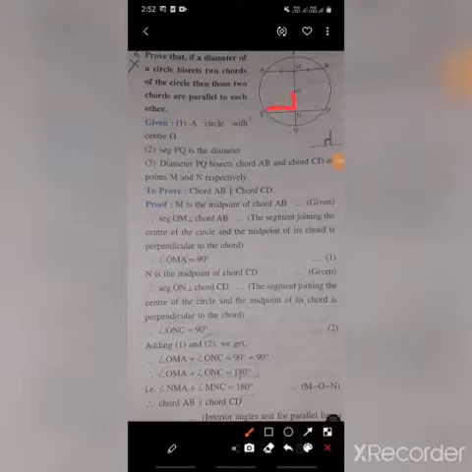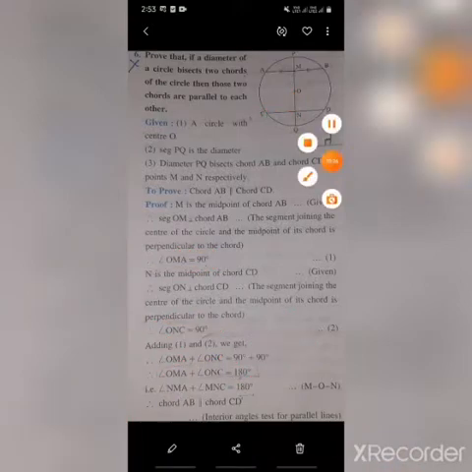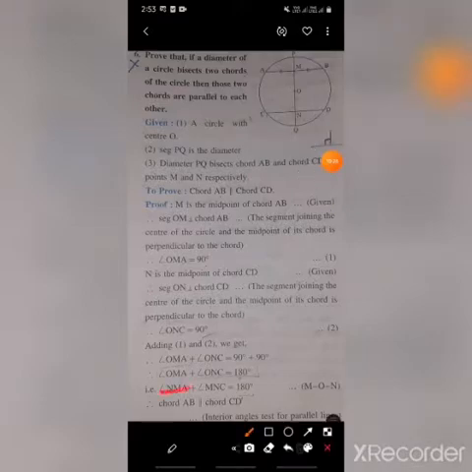So adding first and second, angle OMA and angle ONC, 90 plus 90, 180 degrees. So that is angle NMA and angle MNC.